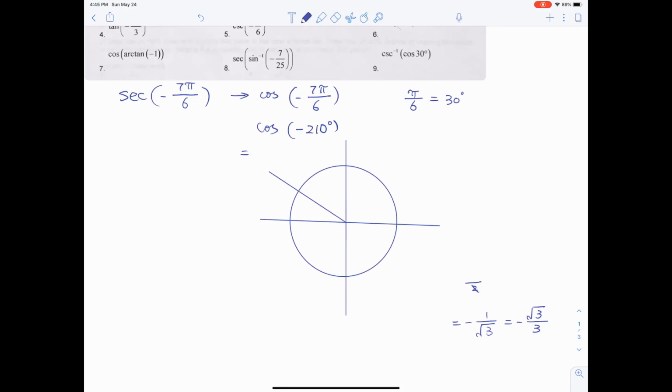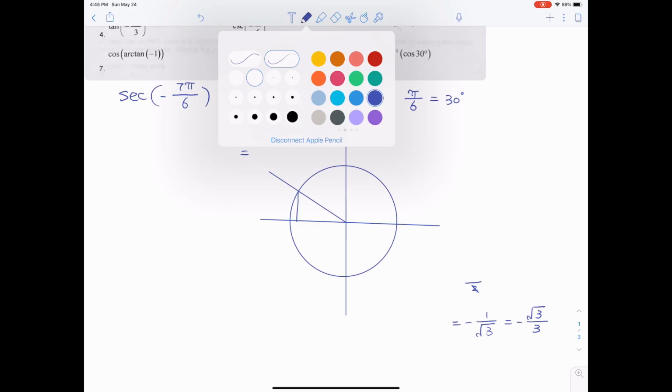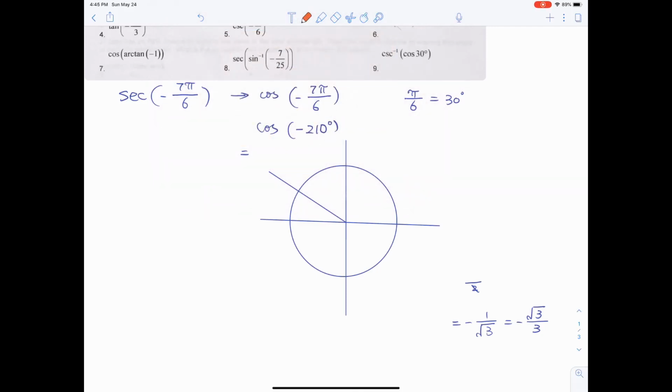If we use the unit circle, we can see clearly and get the coordinates clearly.